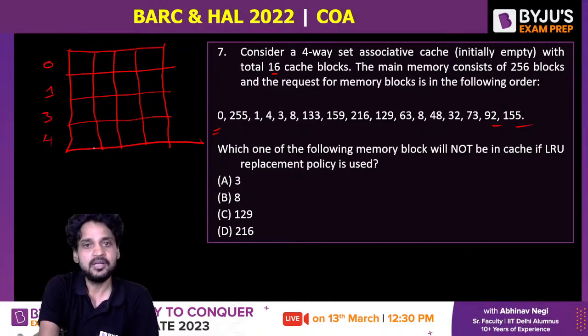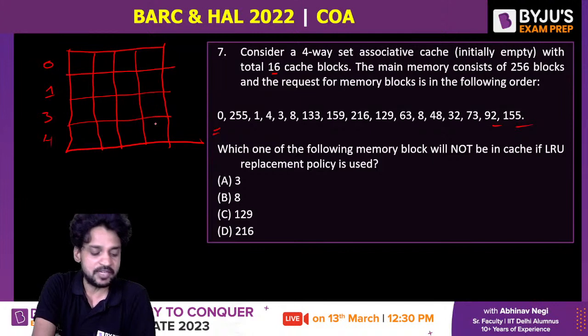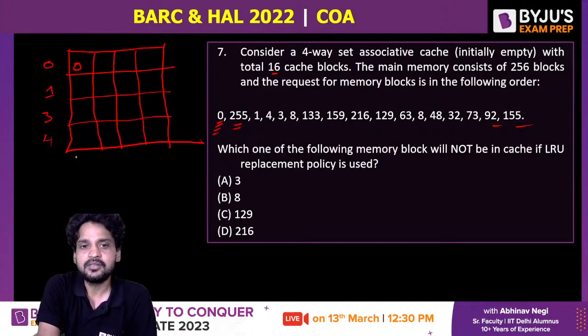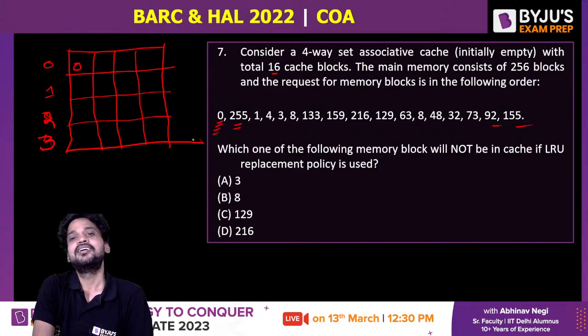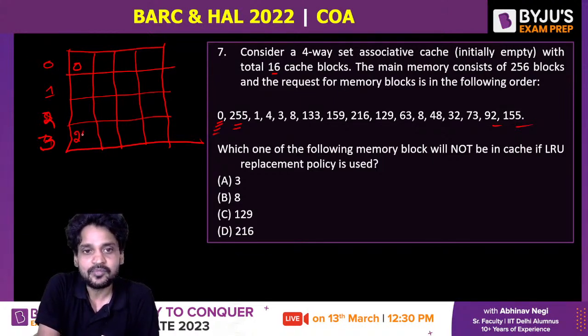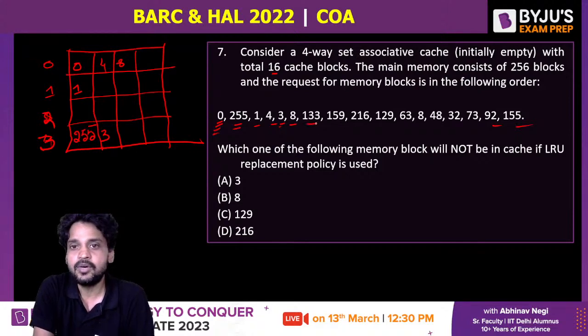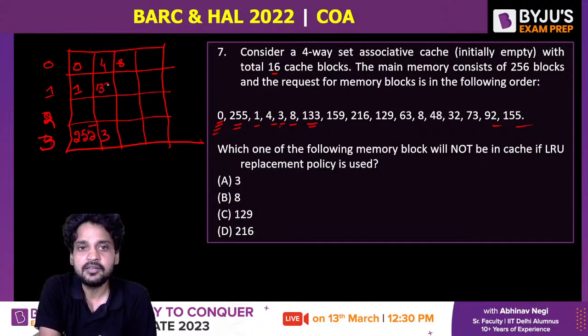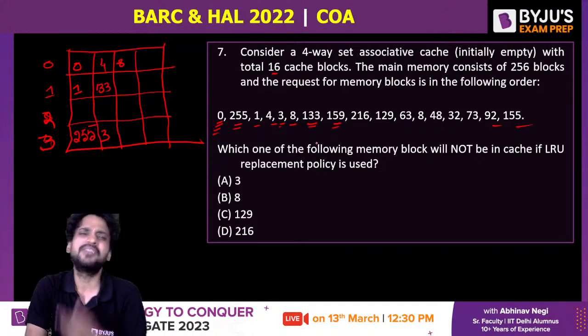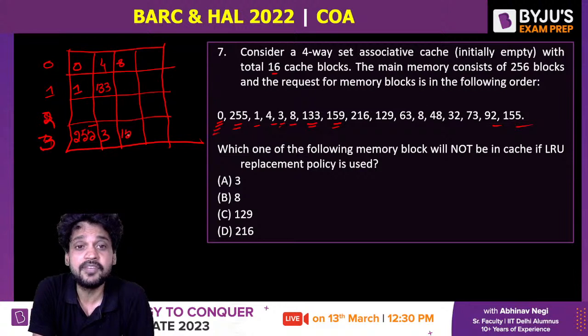Total sets will be equal to 4, and the reference block mod total sets will give you the set. So 0 will get mapped here. 255 will get mapped to set 3, counting 0, 1, 2, 3. 1 will get mapped here. 4 will get mapped here. 3 will get mapped here. 8 will get mapped here. 133 will be mapped to 1. 159 will be mapped to 3.